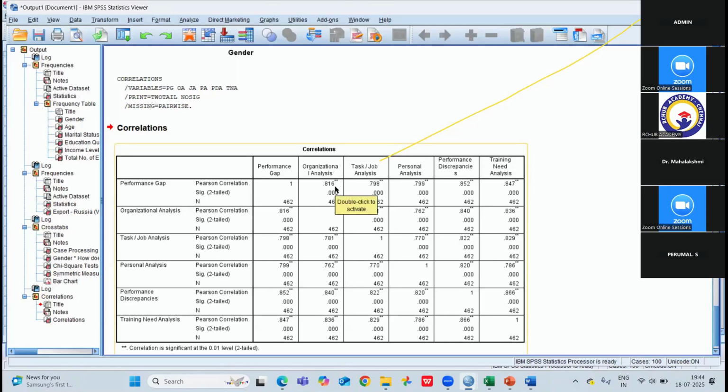But if the significance value is less than 0.05 and the value is between 0.2 and 0.4, you have to say there is a weak positive relationship between these two factors. That's how you have to write. But first and foremost, you have to look at the significance.